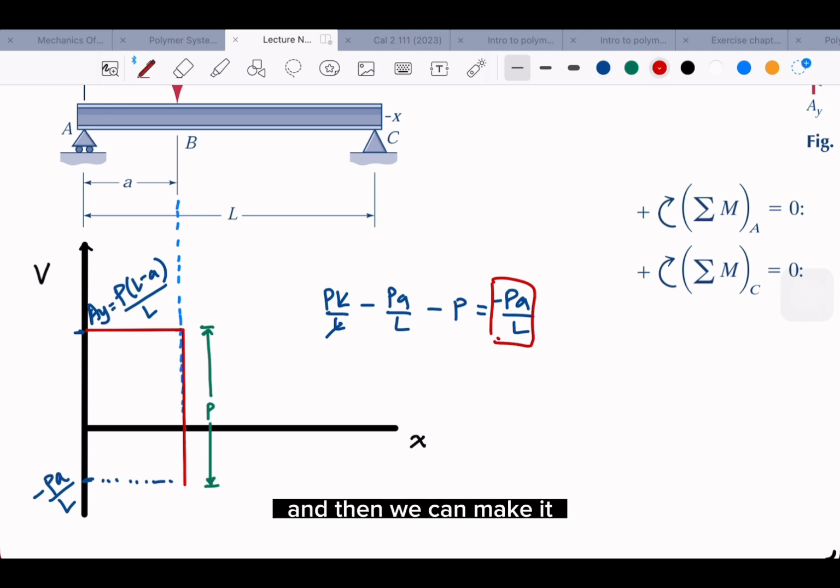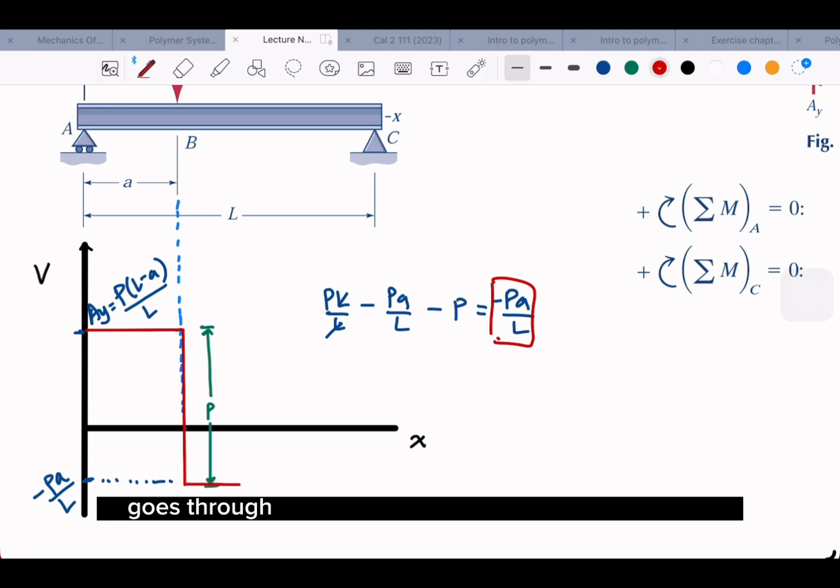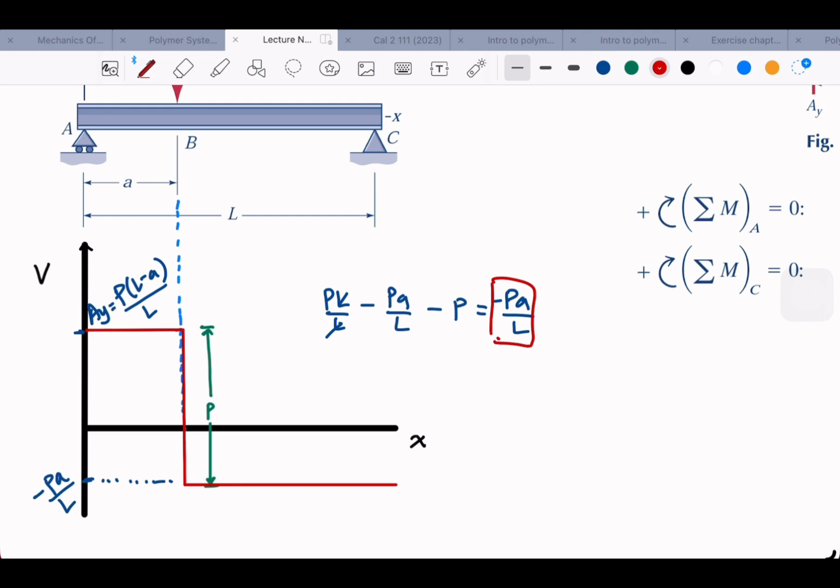And then we can make it go through all this distance, okay? And then suddenly, this is PA over L, right?